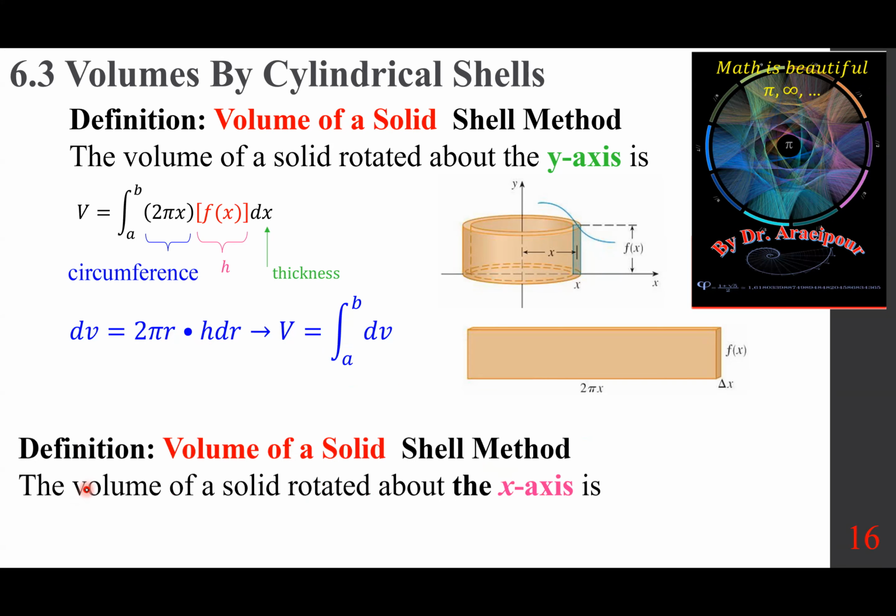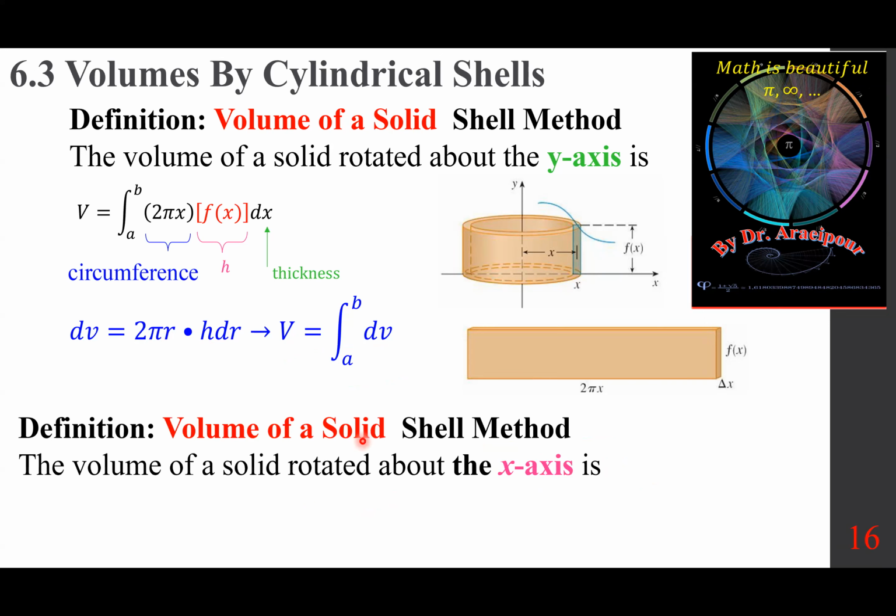And so, volume of a solid, shell method. The volume of a solid rotated about the axis is given by this 2 pi r, where r is x or y, then f of x or f of y, dy.